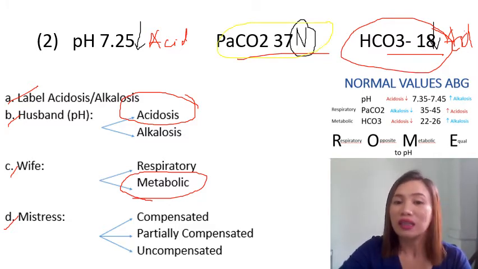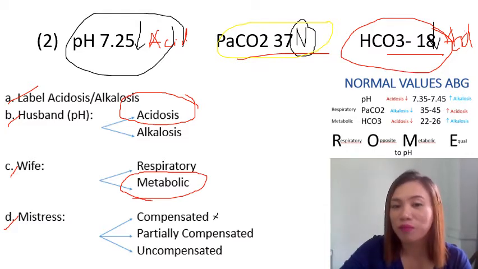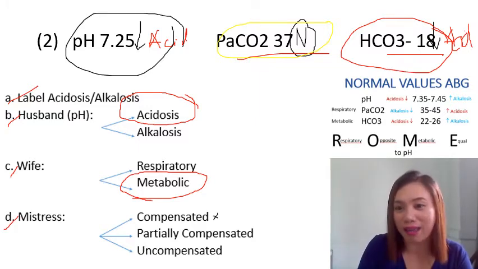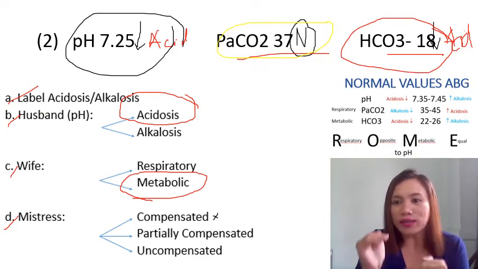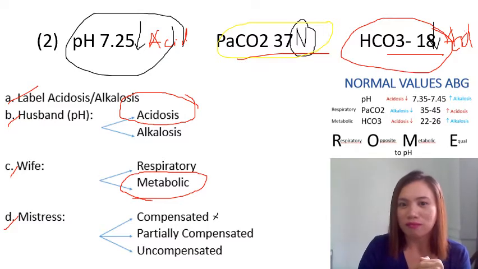Now, let's see. Is it compensated? Again, we can only say compensated if the pH is normal. But your pH is abnormal, therefore we can't use compensated. Is it partially compensated? We can only say that if your mistress is doing something to counteract the wife's abnormality.